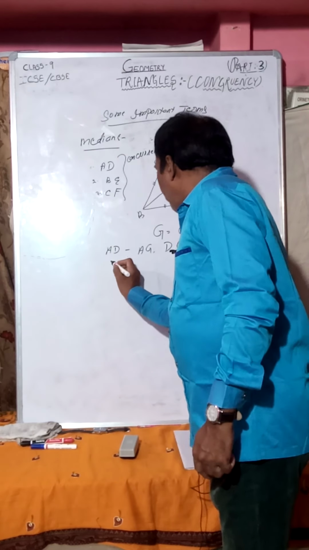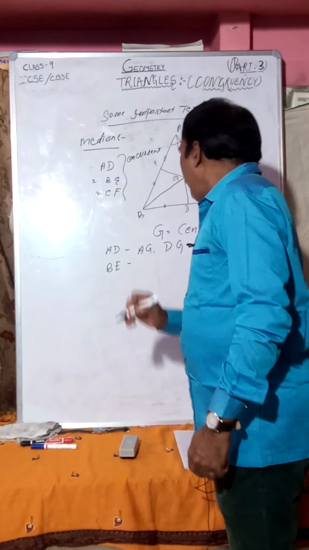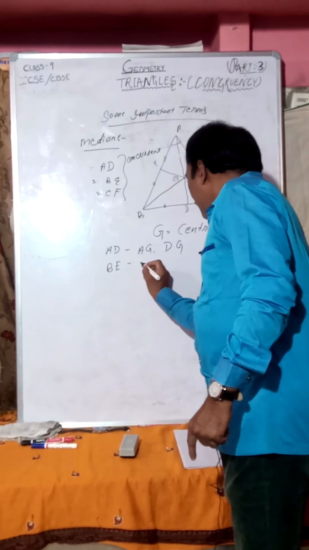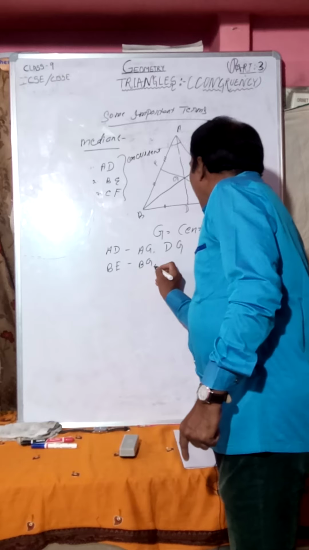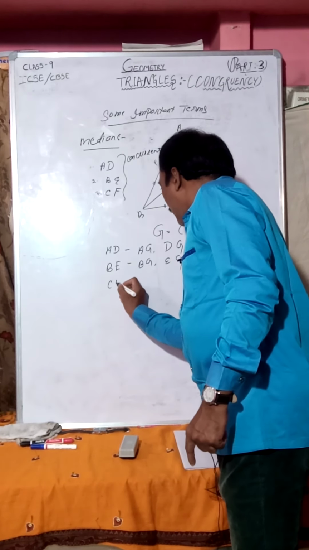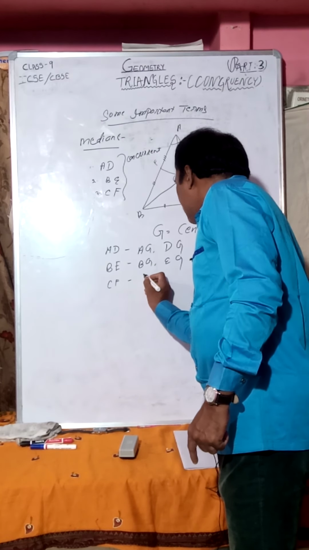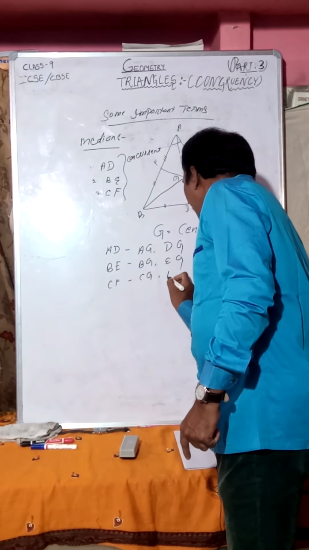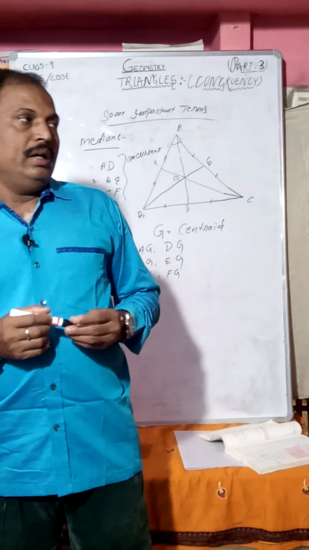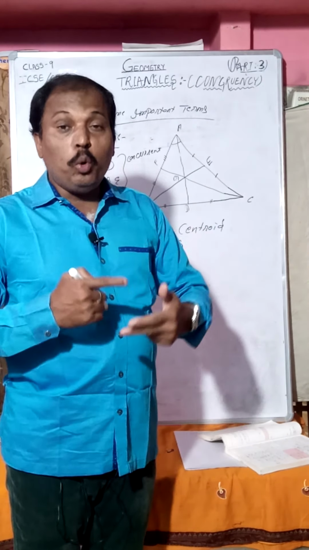Likewise, BE is another median which divides into 2 parts, BG and EG, and CF also divides into 2 parts, CG and FG. So every median divides at the centroid into 2 parts.